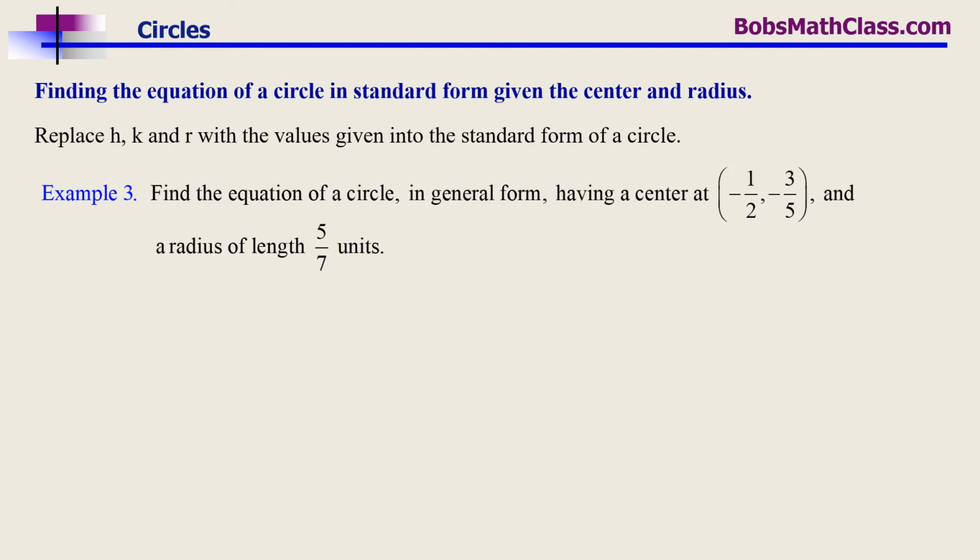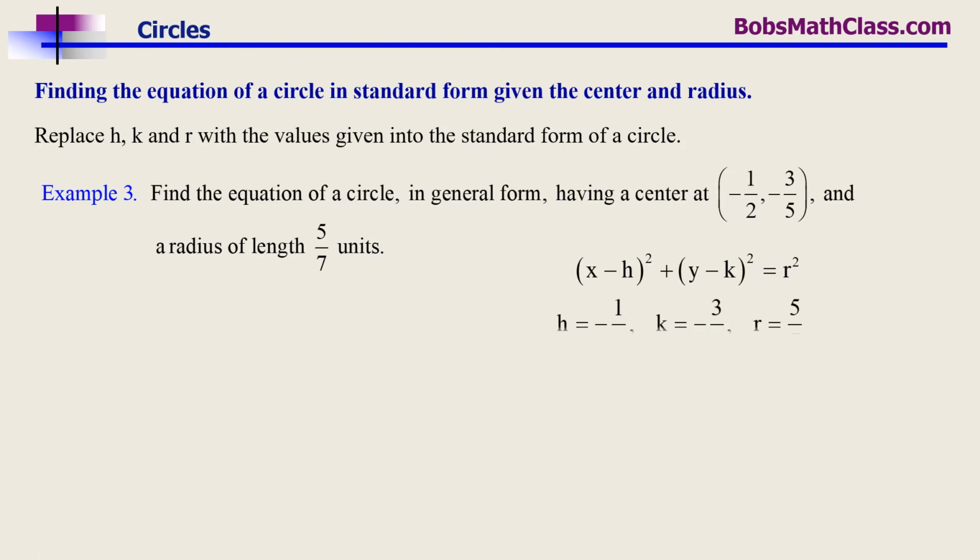Here's another one. Same thing. We want to write it in standard form. This time I have fractions. The center is -1/2, 3/5, and the radius is 5/7. Okay, here's our standard form.